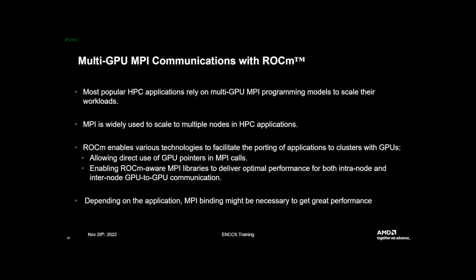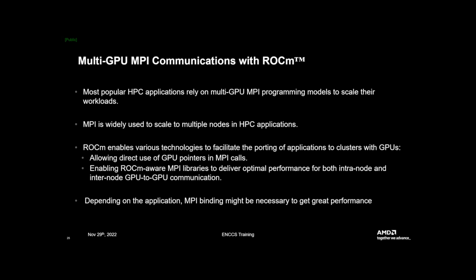Imagine you have a node with 8 GPUs, and you have MPI calls within your application. If you don't use a ROCm aware MPI, one GPU will compute something, move data to the CPU, and the CPU will then move data to the other GPUs. But if you use a ROCm aware MPI, when one GPU makes a computation, the pointer to the data is used directly, and it communicates directly to the other GPUs.